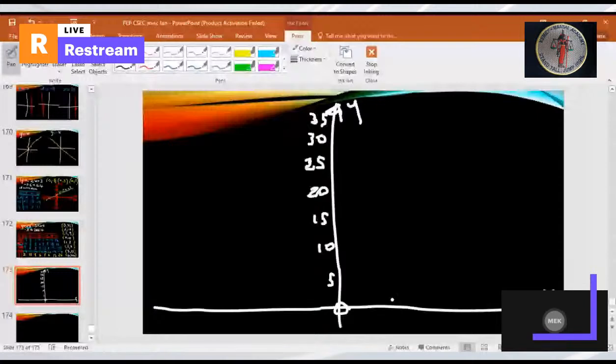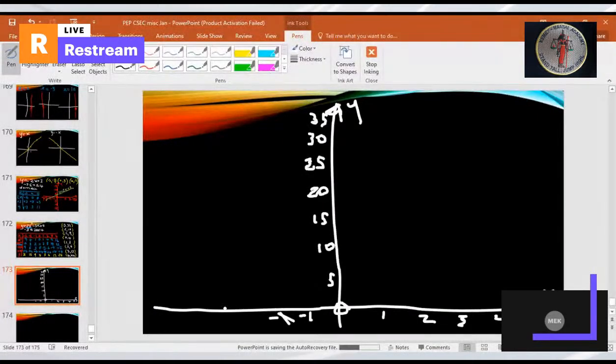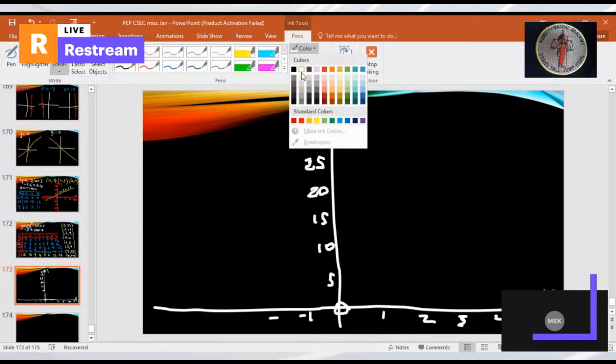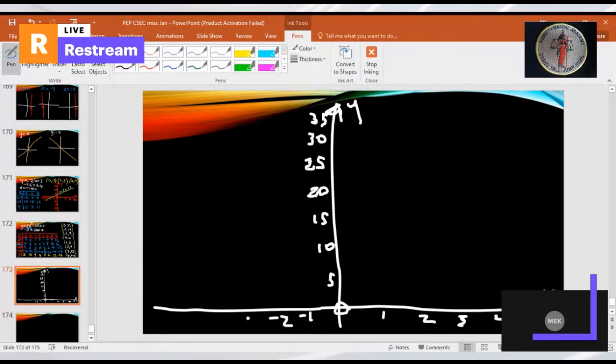So let's go up by 1: 1, 2, 3, 4, and -1, -2, -3, and -4. So now we're going to plot our points.